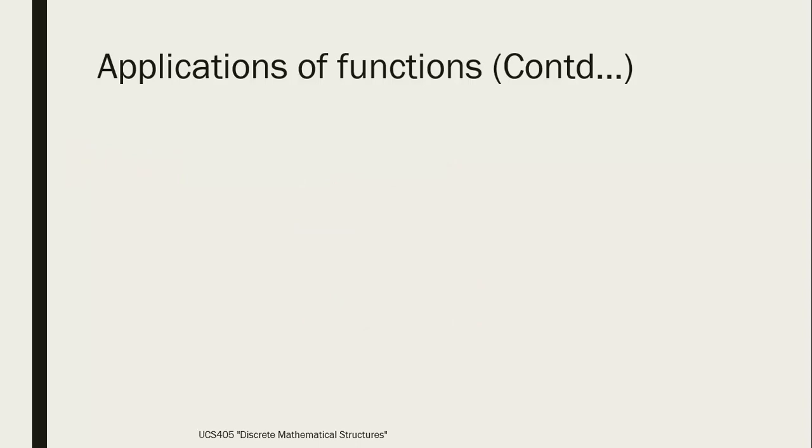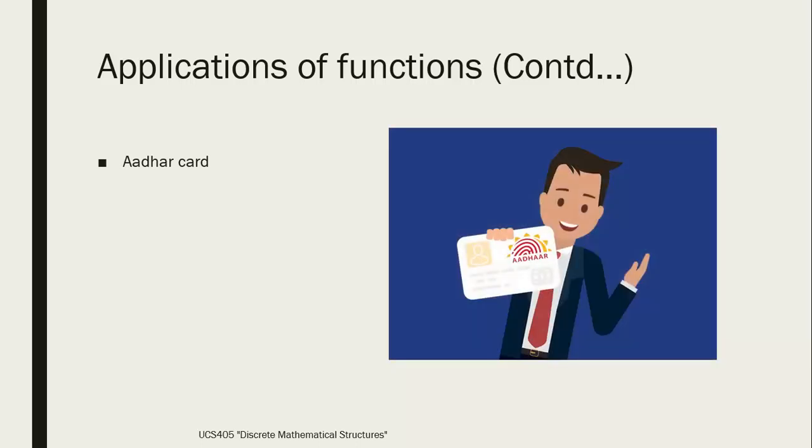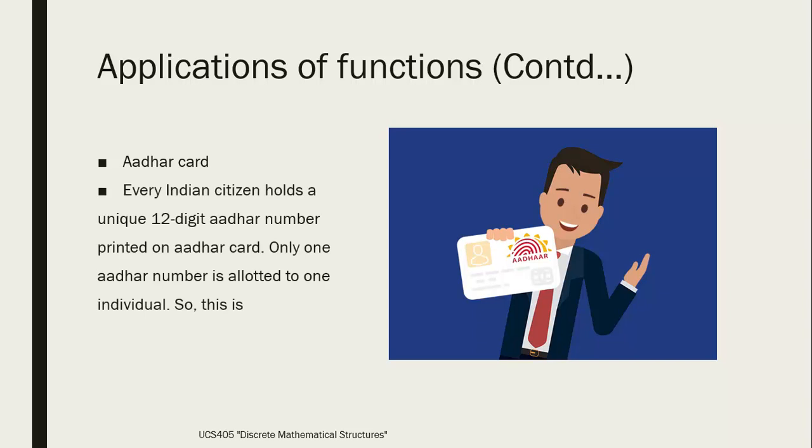Next, a few applications of functions. First is the Aadhaar card. Every one of us has an Aadhaar card in our pocket. We know that there is a 12-digit unique Aadhaar number printed on Aadhaar cards, and only one Aadhaar number is allotted to one individual. So this is a one-to-one mapping.